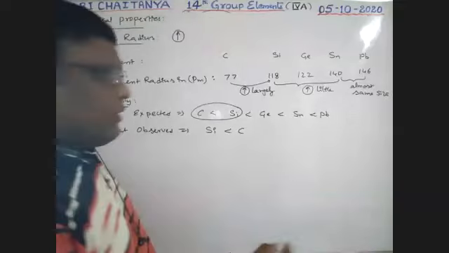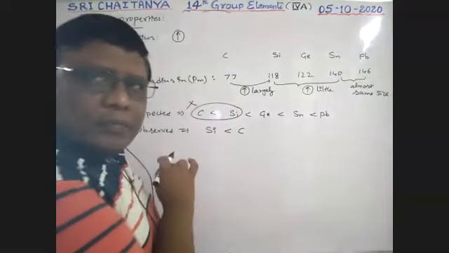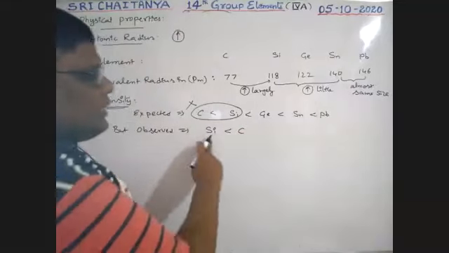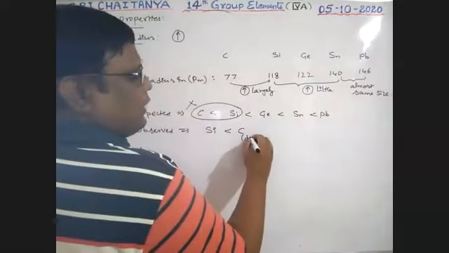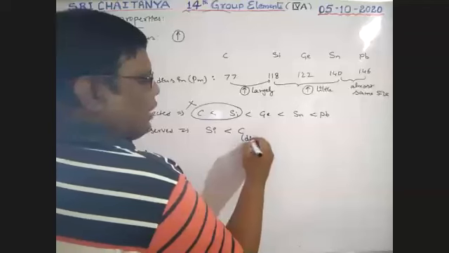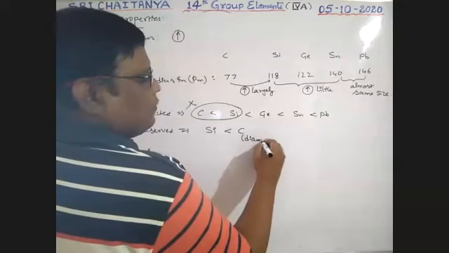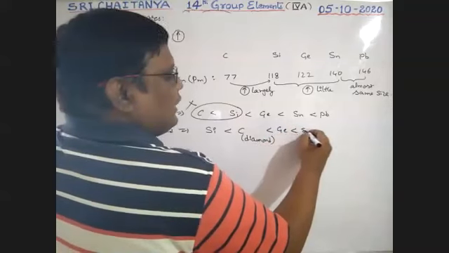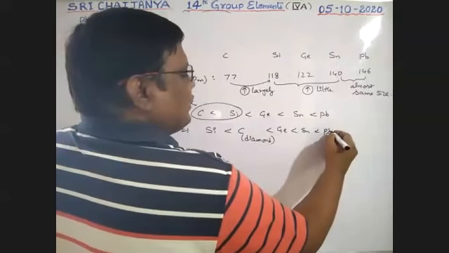So these are observed values, which means the expected order is cancelled, boys. The final order of density is silicon less than carbon. Carbon has diamond allotropy, so diamond is considered: silicon less than diamond less than germanium, tin, lead, because of their particular structures.